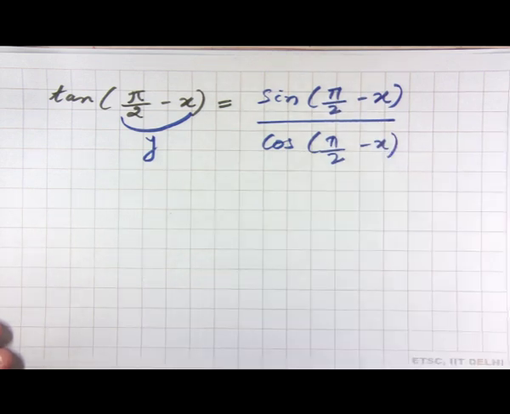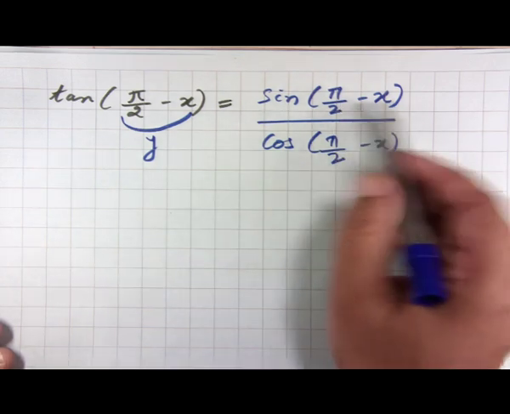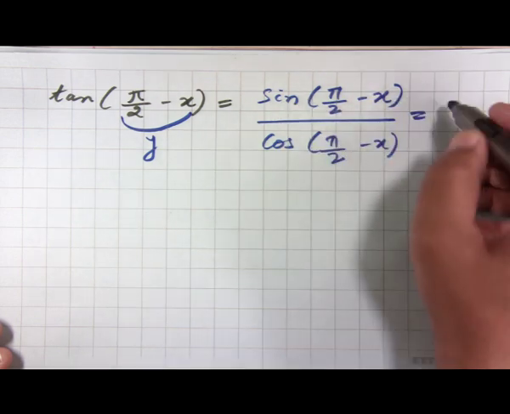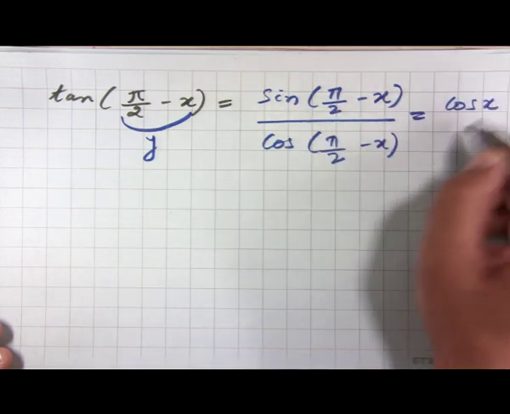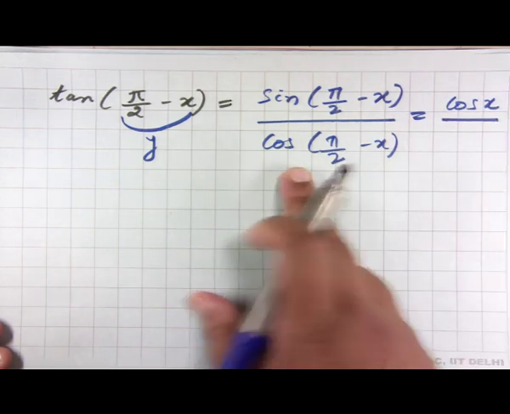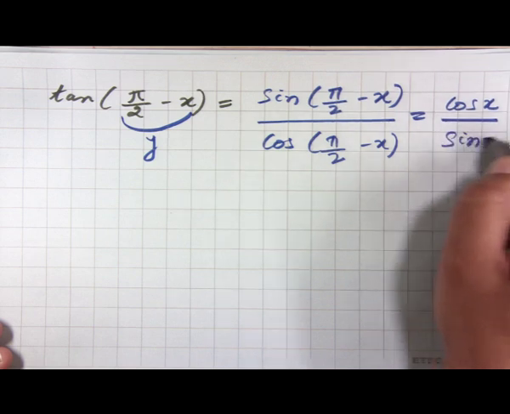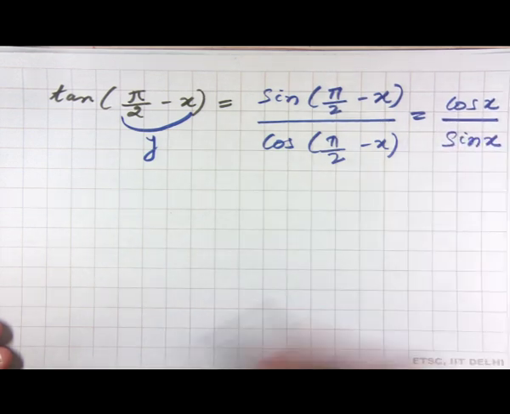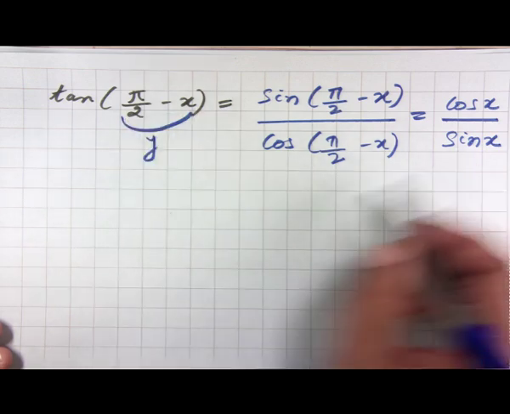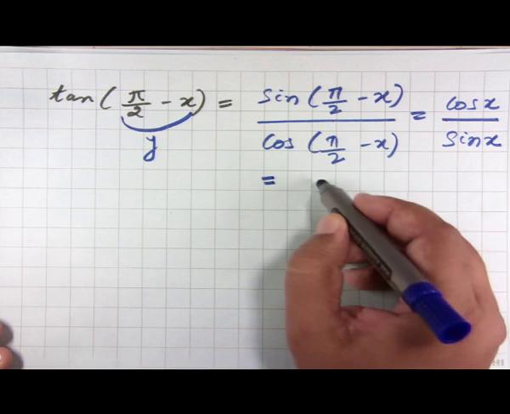But from previous slides, we had shown that sine of pi by 2 minus x is equal to cos of x, and cos of pi by 2 minus x is equal to sine of x.